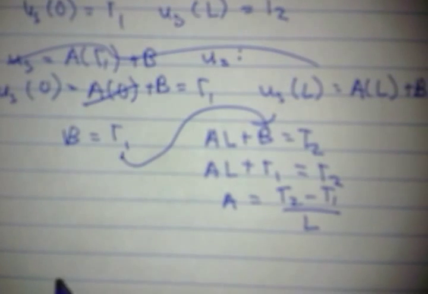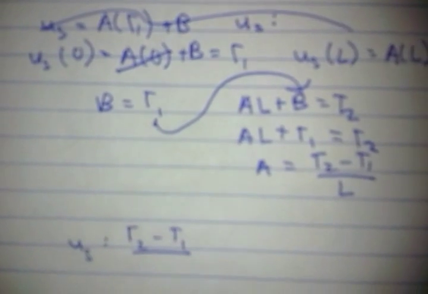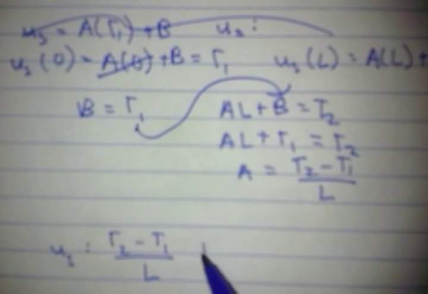And so then our equation becomes, we know that our steady state solution is now equal to T sub 2 minus T sub 1 over L, times x, plus our B, which is T sub 1. And so what does this actually mean? This, for a while, did not make sense to me.